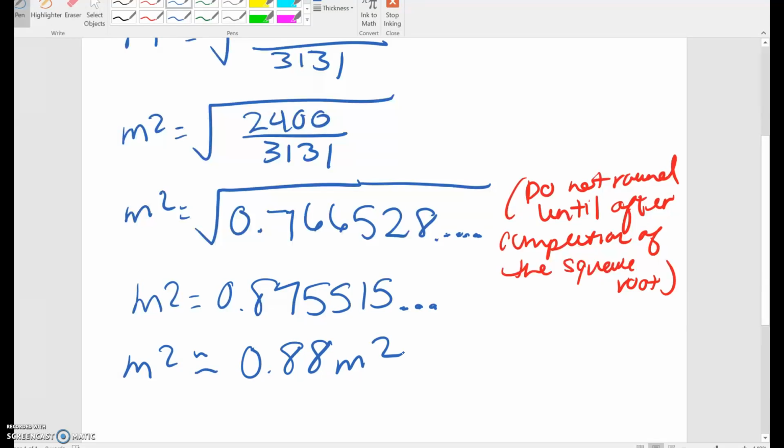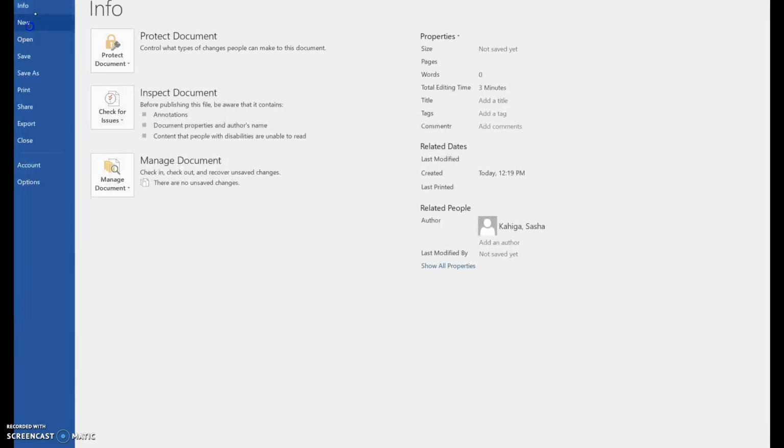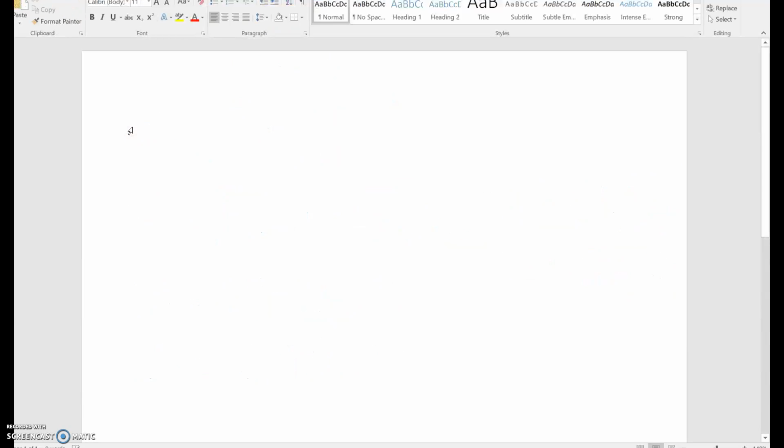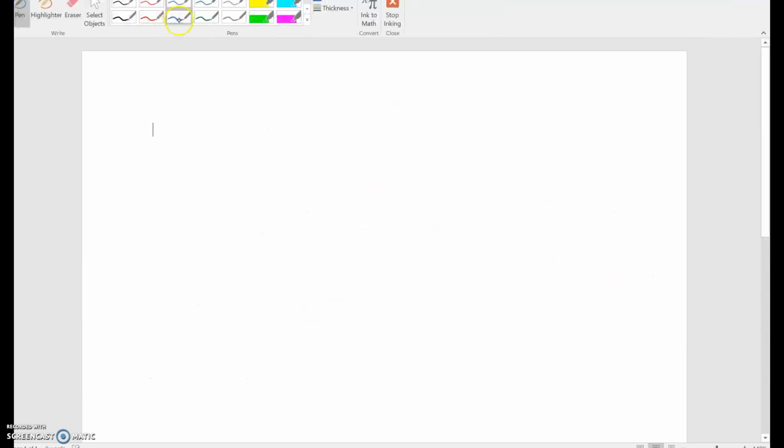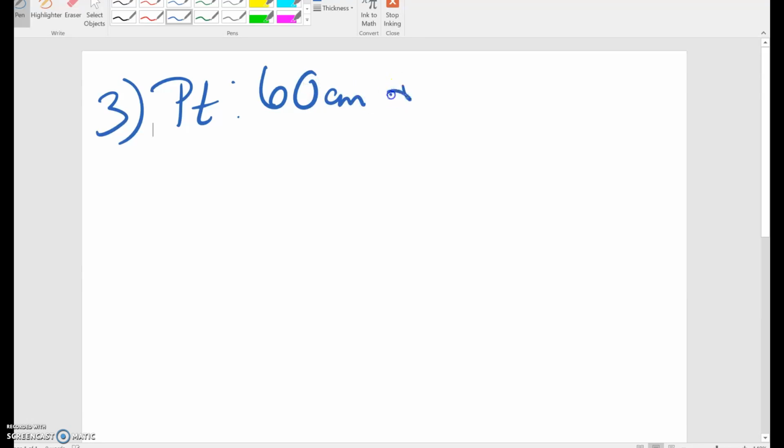All right, let's do another one. I'll choose another one. Let's look at number 3. It says that a patient is what? 60 centimeters tall and they weigh 5 kilograms.